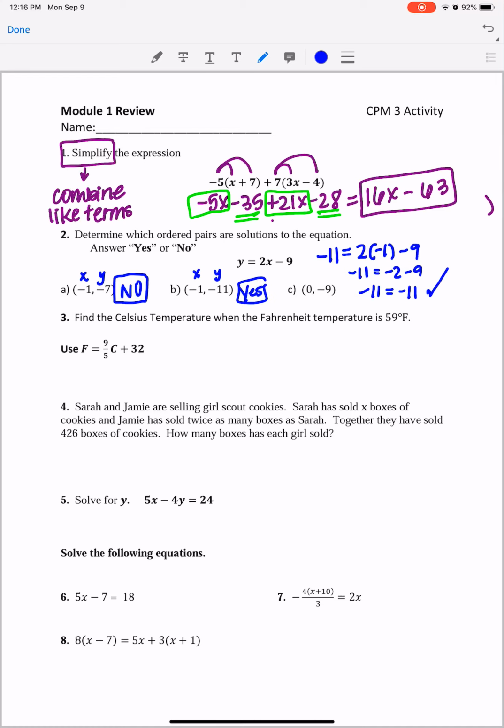Same thing, I'm going to have to back this up. So pause this video if you need to write that down. So we had a yes here. And then lastly, here's my x and my y. So I've got y equals, my y is negative 9.